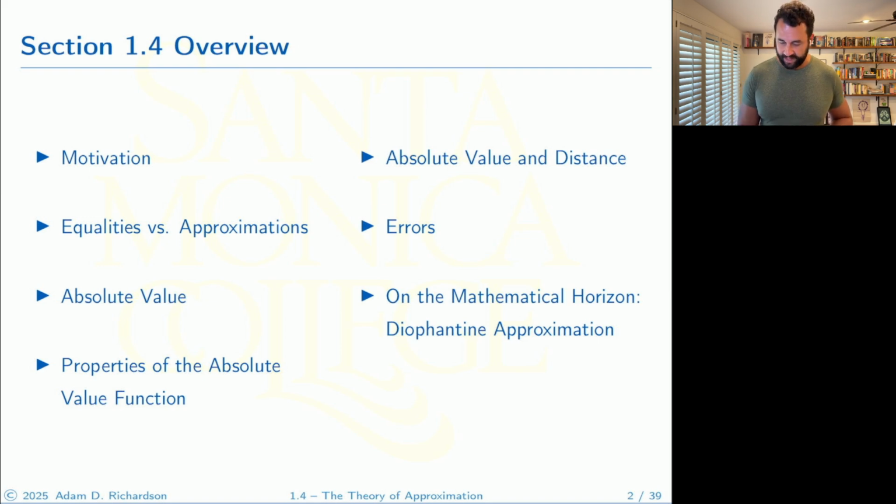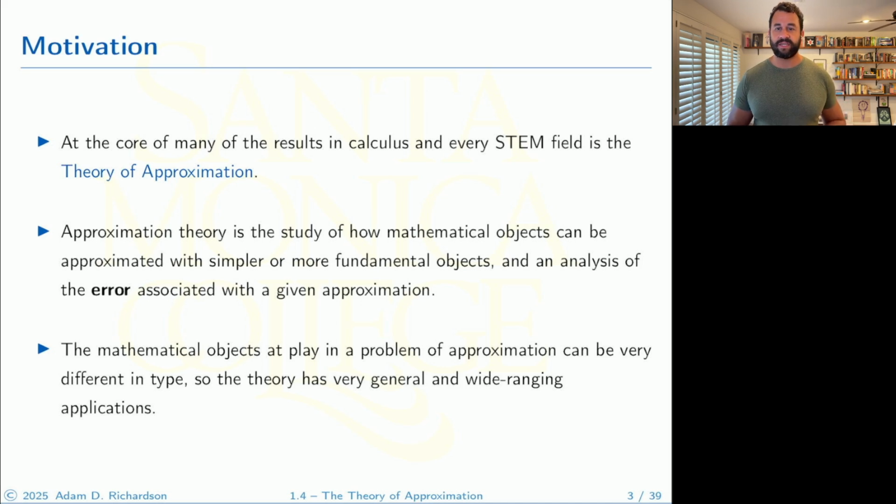All right. So let's start with this. Let's get some motivation for why we even care about approximation. Many of the results in calculus and every STEM field have a lot to do with the theory of approximation. Approximation theory is the study of how mathematical objects can be approximated with simpler or more fundamental objects.